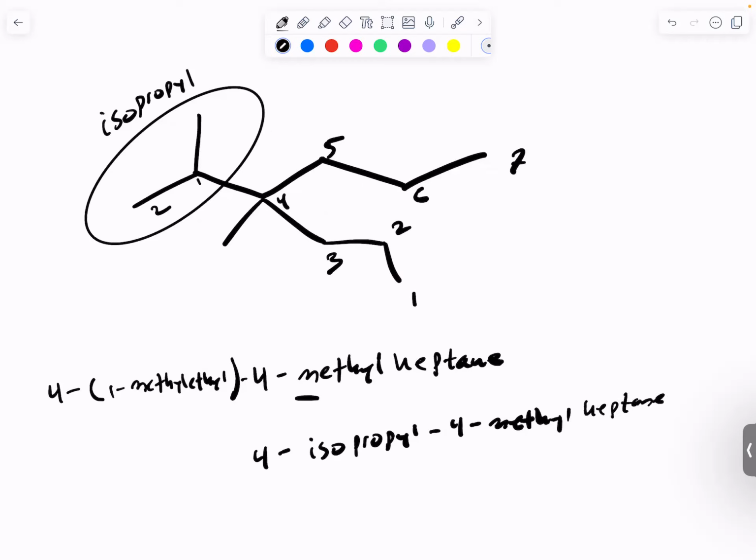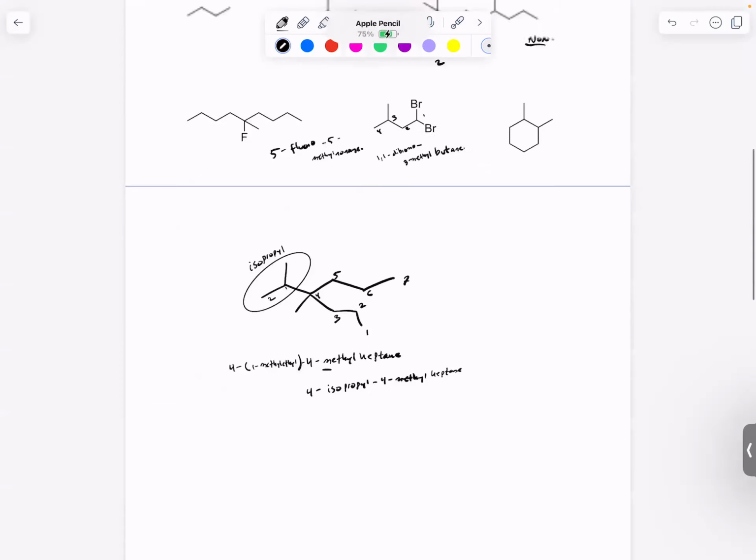That's a super good one because it reminds you to triple check the length of the carbon chain. You don't want to assume that everything is a substituent. Look at that substituent and see, can that get you a longest route? Cool, that was fun.